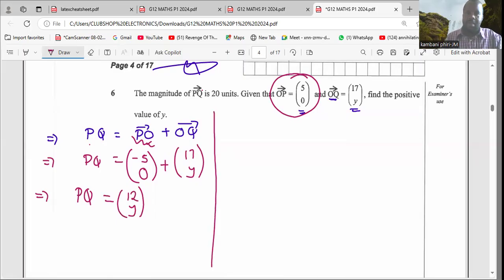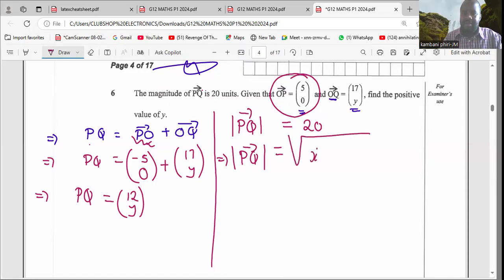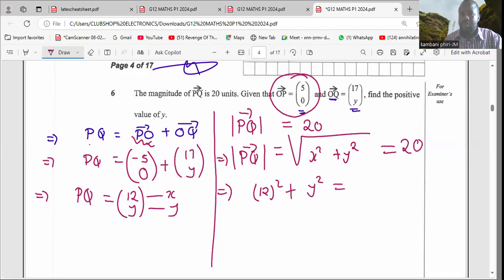Now, we want to find the value of y, given that the magnitude of this is equal to 20. Now, what is the magnitude of PQ? The magnitude of PQ is given by the square root of x squared plus y squared, and this is equal to 20. So our x here is 12, our y will remain as y. So we have got the square root of 12 squared plus y squared is equal to 20.